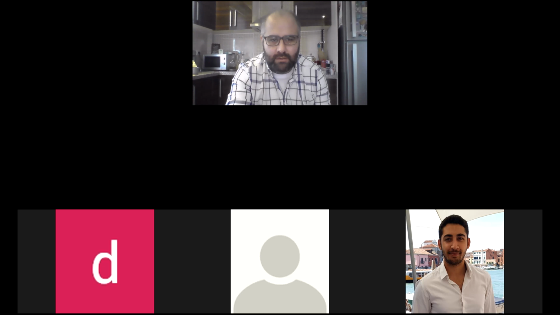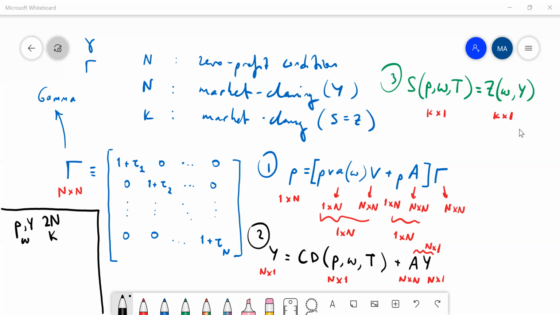Now, government determines these tax rates, right? So these are known. These tax rates, tau 1, tau 2, tau 3, tau n. These are exogenous, so they are known. But there is one unknown in the new system.